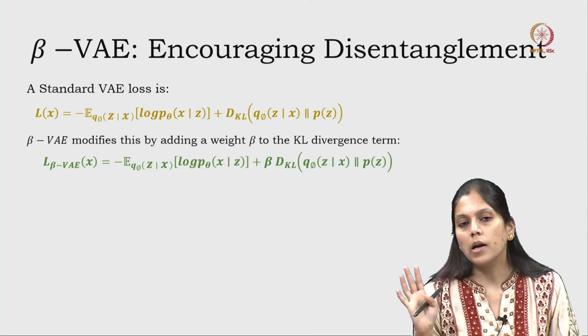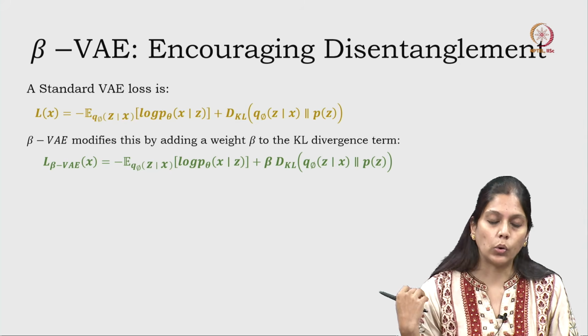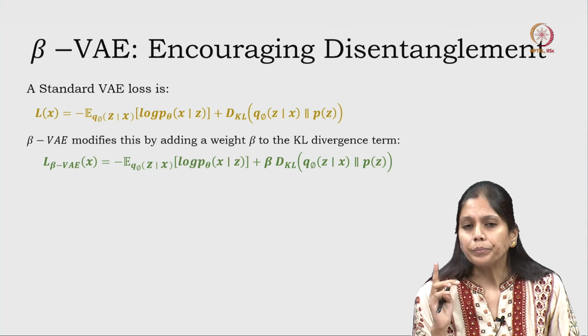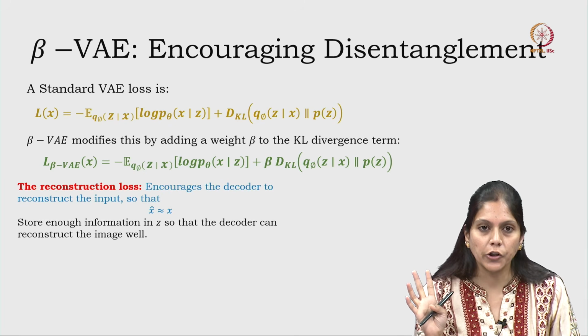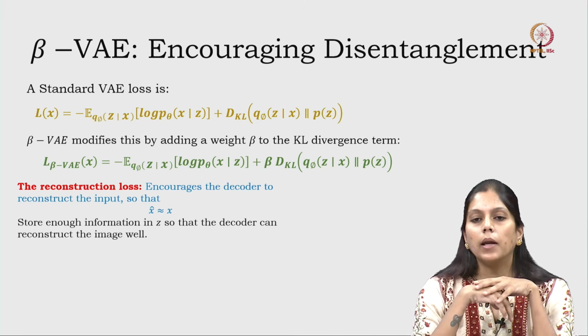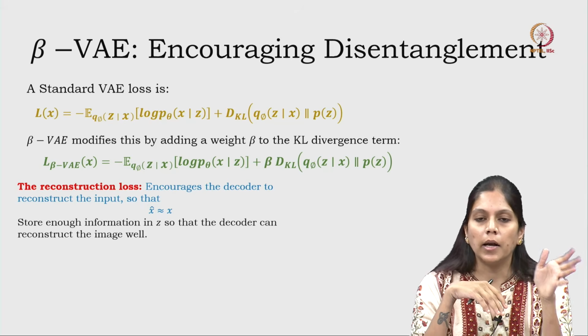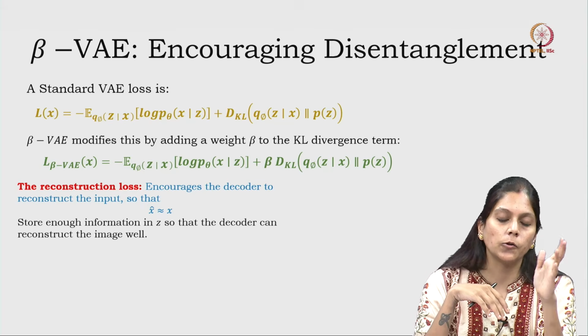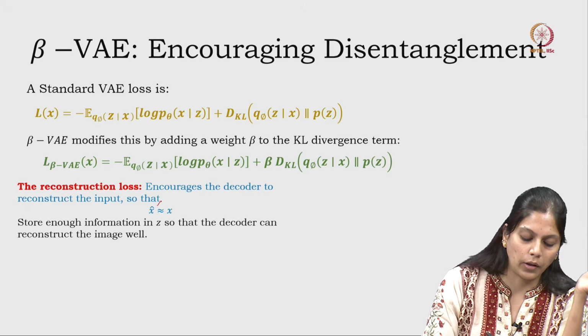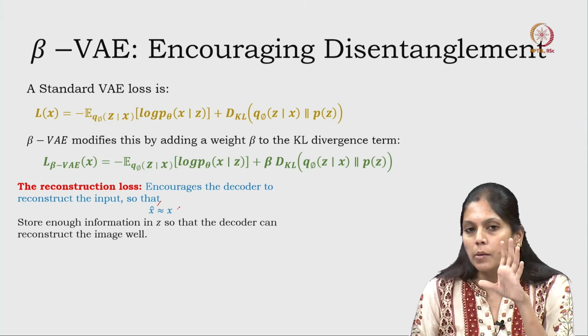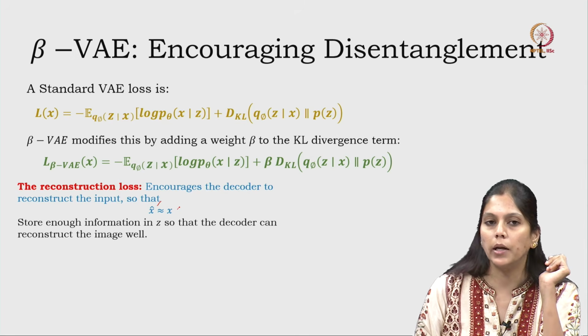Now let us understand how it is going to achieve this. What is the first term here? The first term is reconstruction. What is reconstruction? It primarily ensures that the decoder reconstructs the input, which means the reconstructed data should be approximately close to the original input.